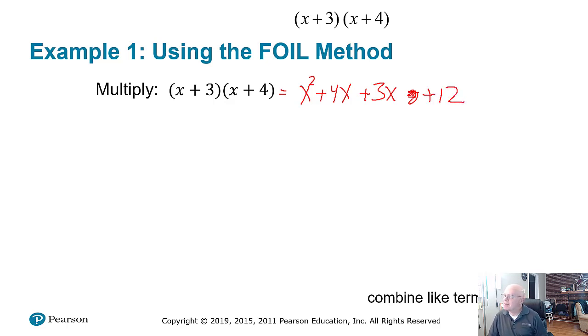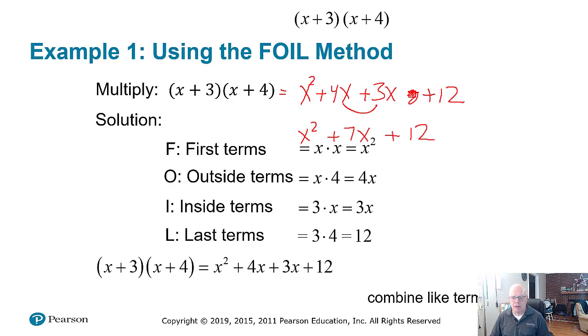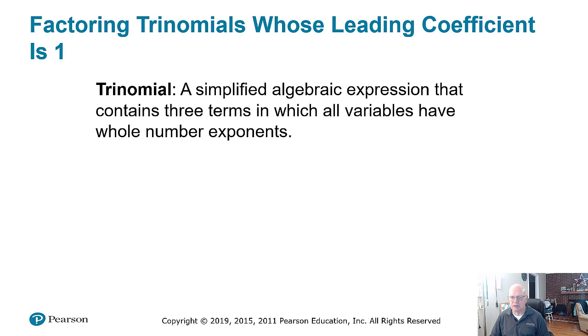Now the two inside terms, notice, are typically, not always, but typically the same type of term, or similar terms. So your final answer is x squared plus 7x plus 12, since you can add the 4x and the 3x. There you go, a little bit of a summary. And there's your final result.